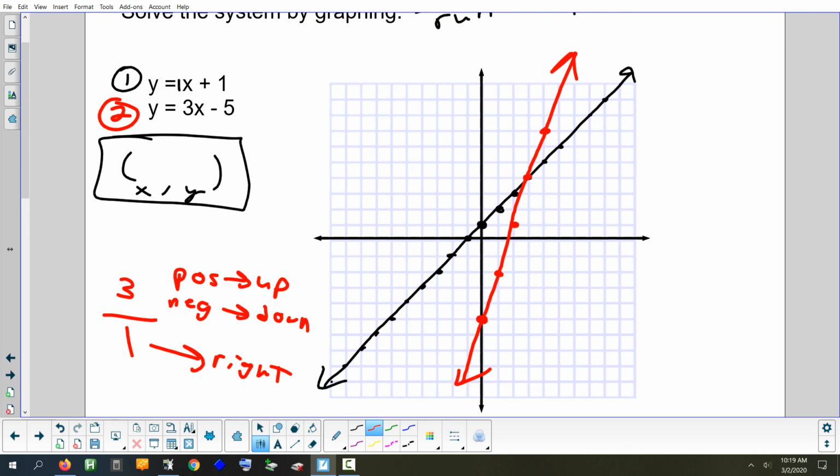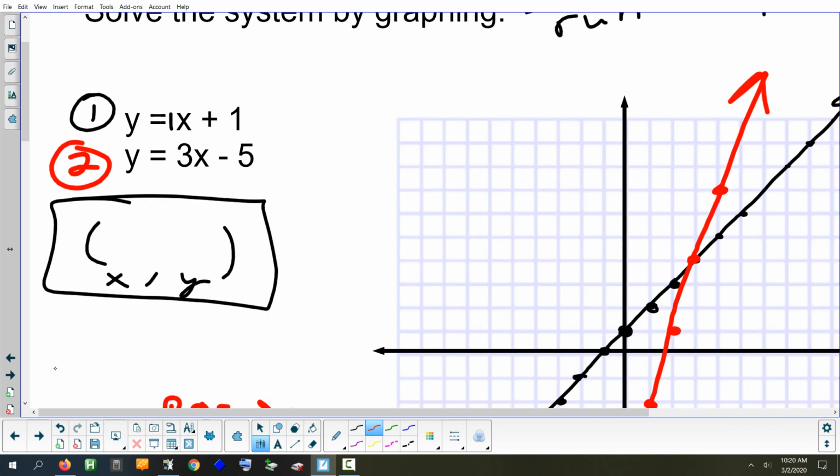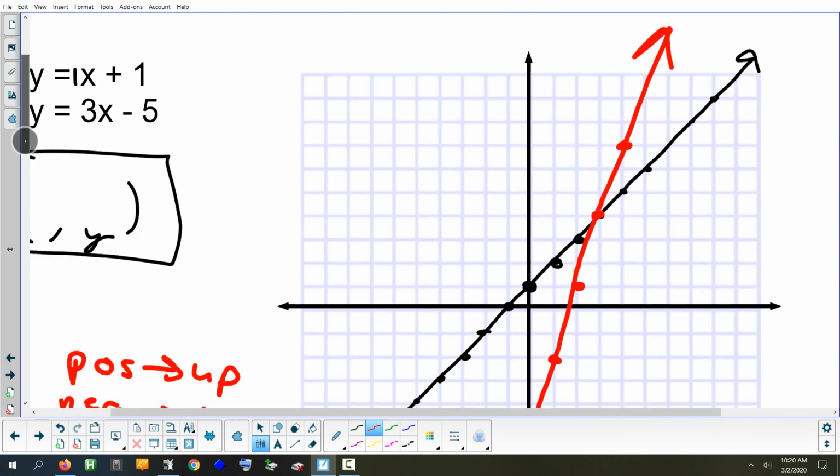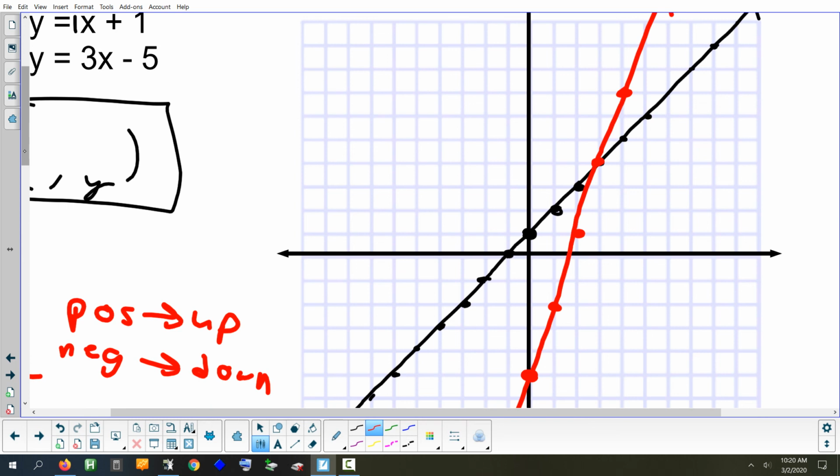So remember, the answer is where the lines what? Where they intersect. My graph's not perfect, but it's pretty close. Jaden, where does it look like those intersect?